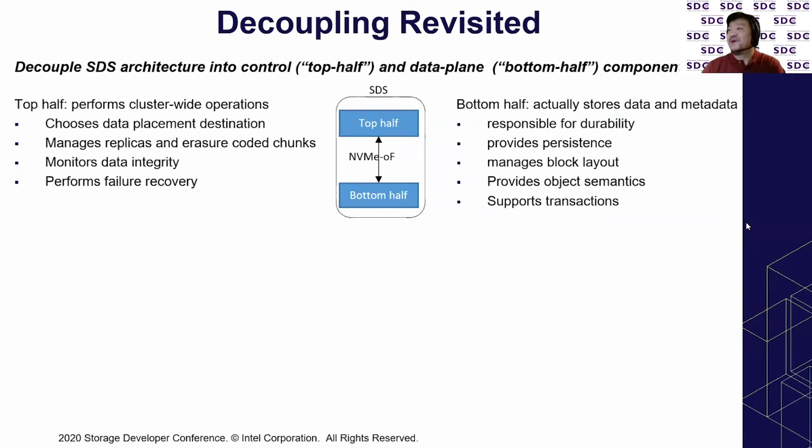On the other hand, the bottom half is responsible for actually storing the data and metadata. It essentially guarantees the durability aspect and provides persistence for your data. In a manner similar to a file system, it maintains the block layout, so where the data blocks for your objects are located is managed through the bottom half.